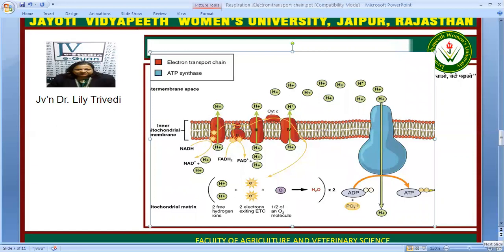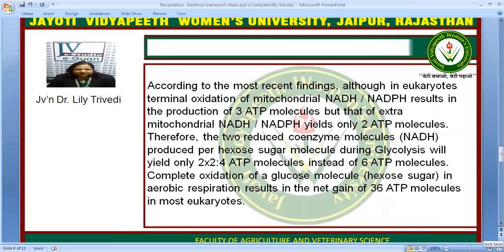Now this was the diagram, and according to the most recent finding, although in eukaryotes terminal oxidation in mitochondria results in the production of free ATP, that of extra-mitochondrial NADH or NADPH yields only 2 ATP.